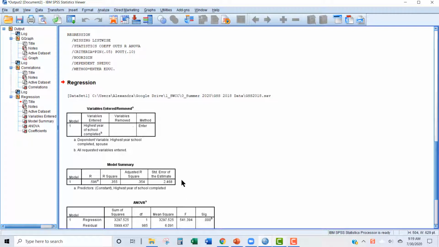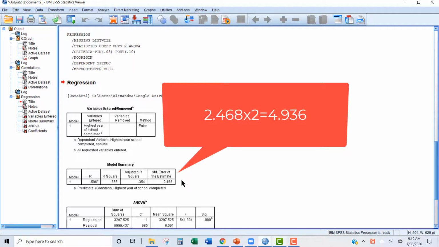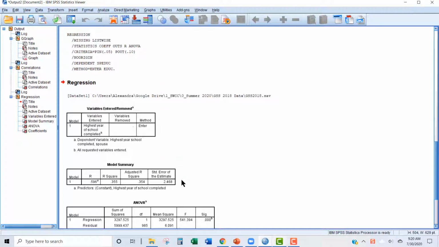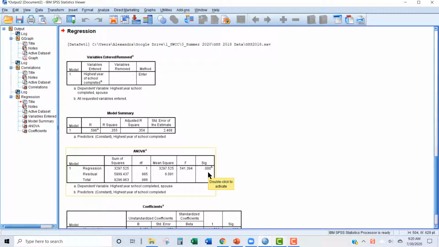So 95% will fall within two standard errors. Our predicted spouse's years of education will be correct within 4.936 years, and that's plus and minus, 95% of the time. Significance here we can see is 0.000. So again, this means it's a significant result, meaning that respondents' years of education is a statistically valid predictor of the spouse's years of education.